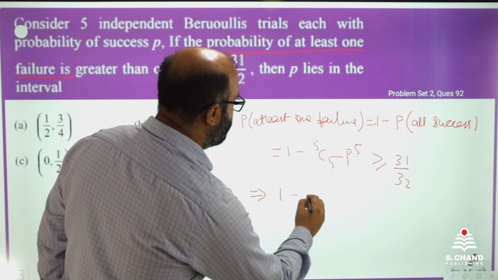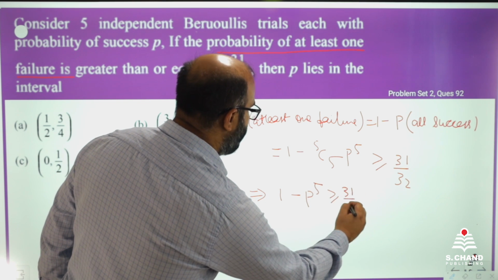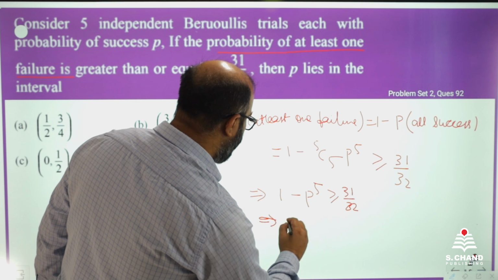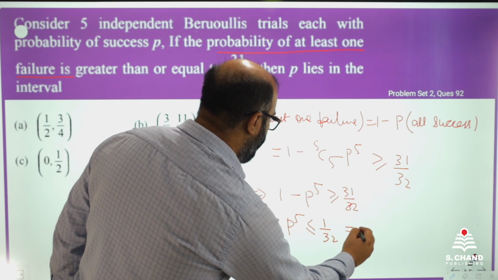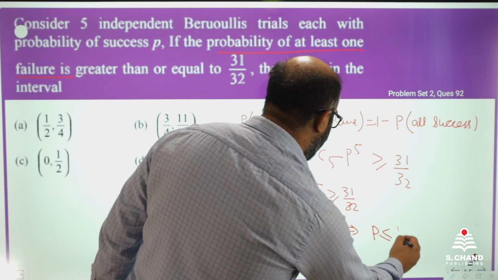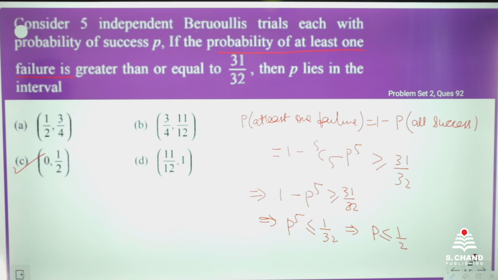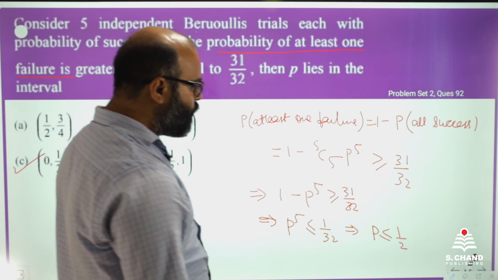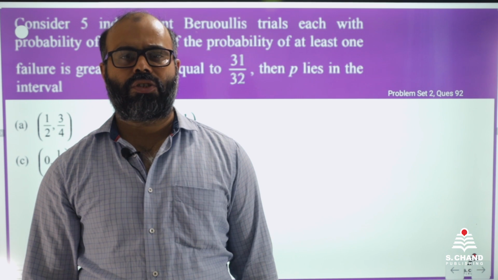So 1 minus P to the power 5 is greater than or equal to 31 by 32. This will give you P to the power 5 less than or equal to 1 by 32. So P is less than or equal to 1 by 2. So you will say 0 to half, as probability will be greater than or equal to 0 and less than or equal to half. That is all for today's lecture, students. Thank you.